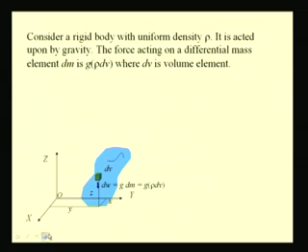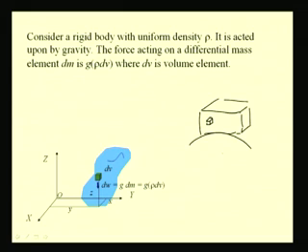So, if we consider an object which has dimensions comparable to, say, the size of the earth, and we consider a differential element in this body, and if this is the center of the earth, then we know that gravity at any point acts radially towards this center.